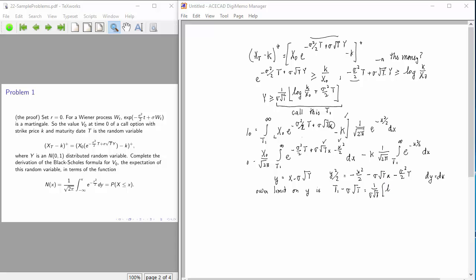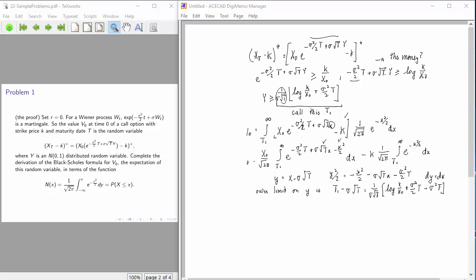Then looking up a few lines, we've got log of k over x naught plus sigma squared over 2 t. But we've got to subtract off sigma times the square root of t. That's already in the denominator outside, so we've got minus sigma squared, without the over 2, times t.